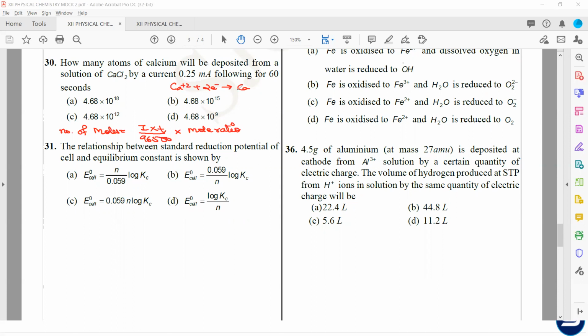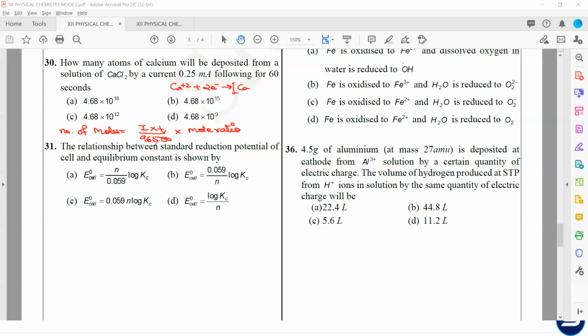What is the mole ratio? The amount of the metal deposited upon the number of moles of electrons passed. Mole ratio is nothing but the reciprocal of the n factor, which is 1 by 2. After getting the moles, just multiply the Avogadro number and you'll get the answer. Understood? Yes, sir.